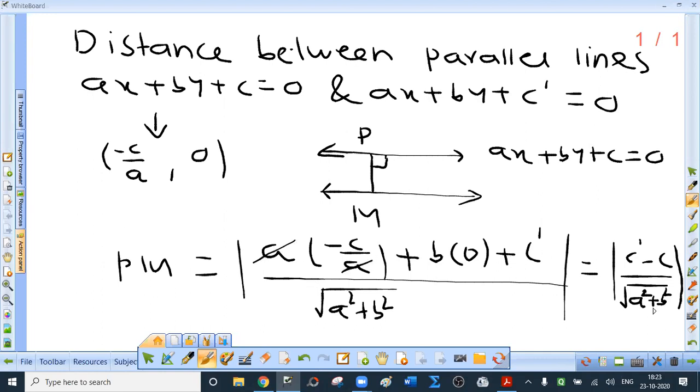So mod of c' minus c upon root of a square plus b square. Or as we have taken modulus, instead of c' minus c, we say c minus c' upon root of a square plus b square. Or you may say, sir, we will find the length of the perpendicular from the origin on both the lines, and the modulus of the difference is the required distance. That is also correct. In fact, effectively this is the same.